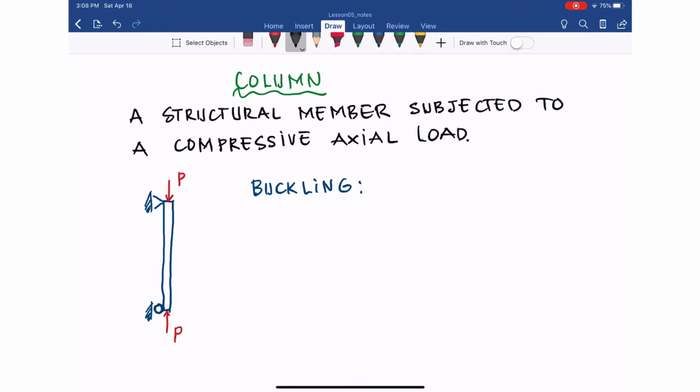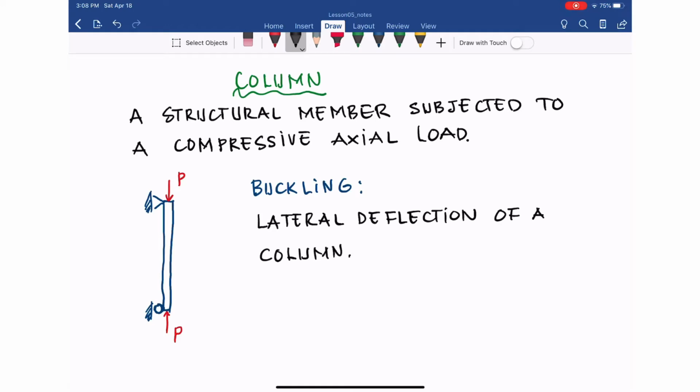It's a lateral deflection of a column, or basically any member that has a compressive axial loading. For example, a truss member in compression also tends to buckle, and when we design, we also need to consider buckling.